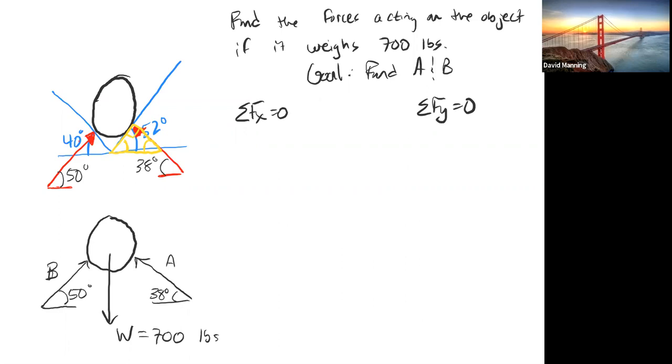In the x direction, notice our components: A cosine 38, B cosine 50, B sine of 50. So in the x direction, we have B cosine 50 minus A cosine 38 equals 0.